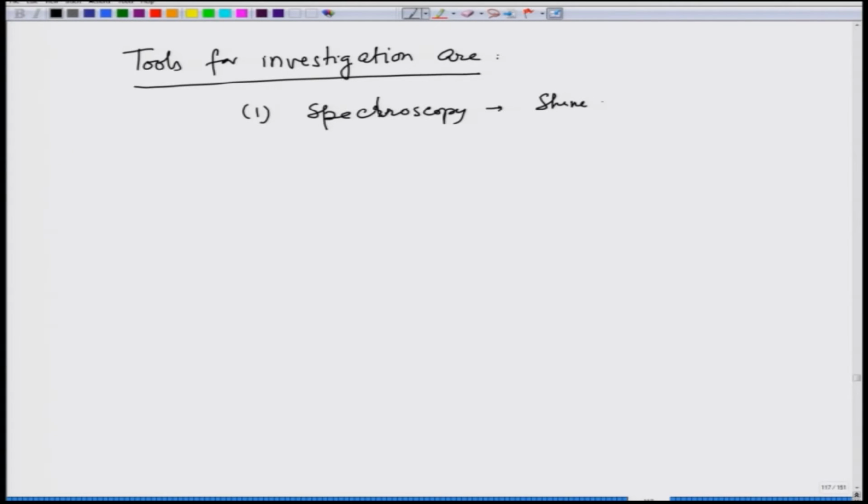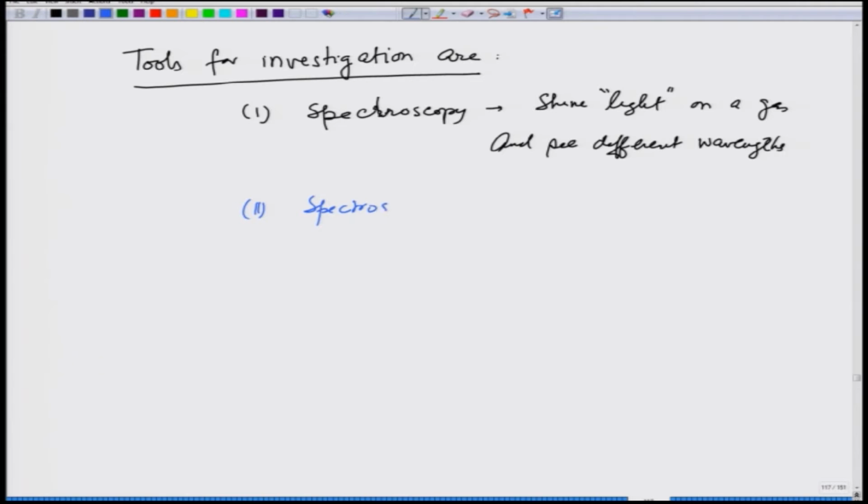So, what one would do is shine light on gas and see different wavelengths. One could also do spectroscopy in the presence of a magnetic field. What would that do? This is what I am going to discuss next.